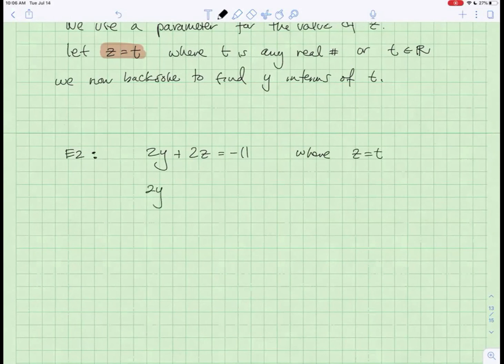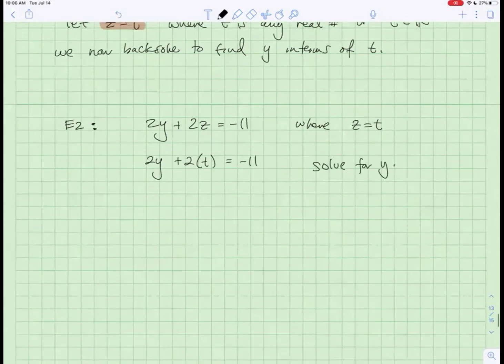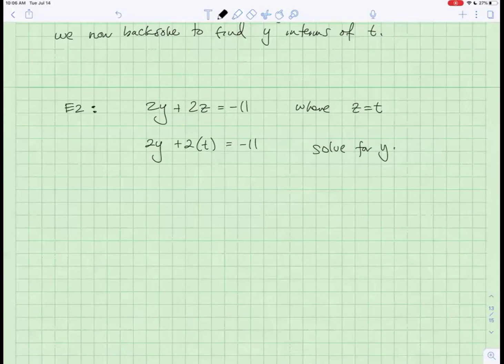So 2y plus 2 times t equals negative 11, and we're going to solve for y. This takes a little bit of getting used to, a little bit of practice, but that means 2y is equal to negative 11 minus 2t, or y is equal to negative 11 halves minus t. So that's what y is worth in terms of t, and we have what z is worth in terms of t.